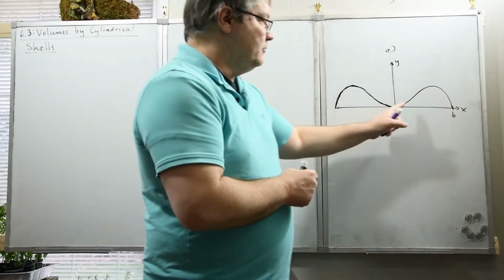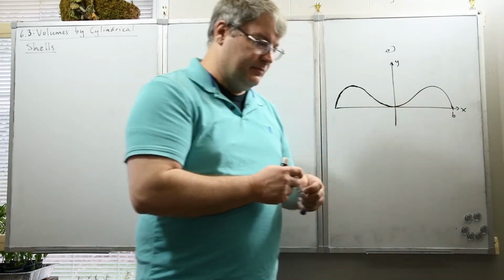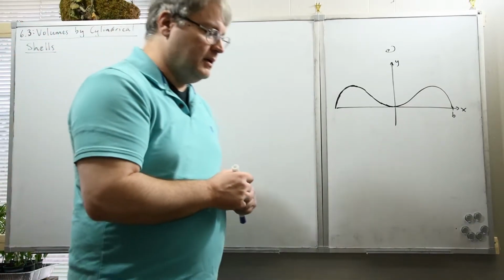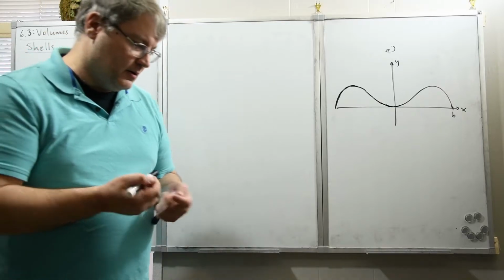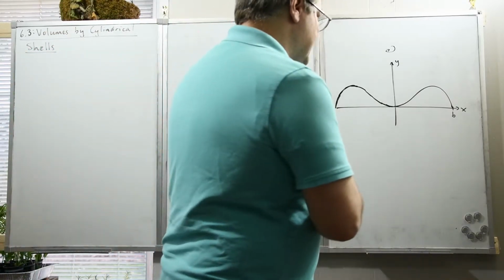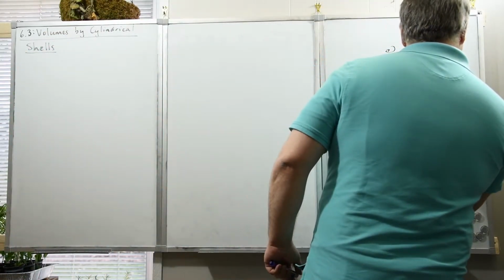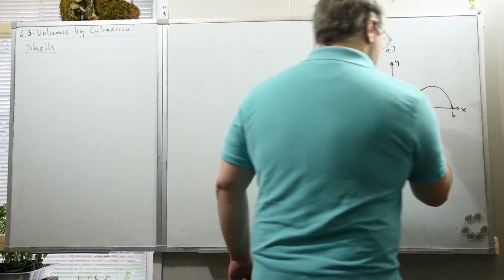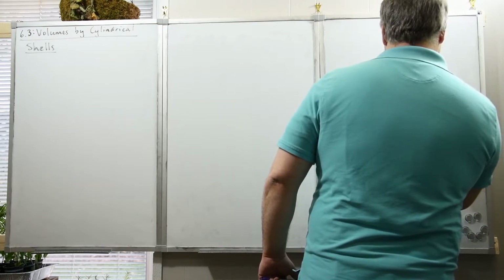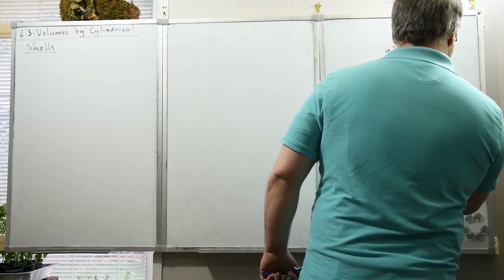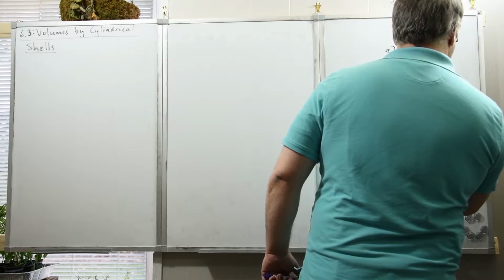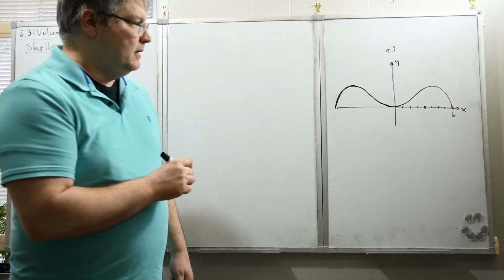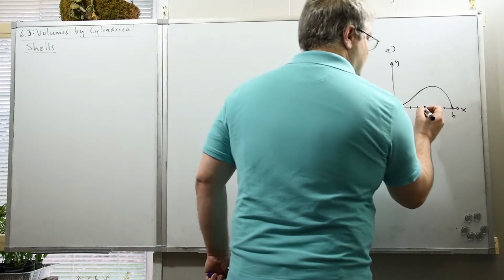So if this original region, let's say, goes from x equals 0 to x equals b, or in general from x equals a to x equals b, where a and b are non-negative, we can start thinking about partitioning our interval into subintervals of equal width. And we've seen this song and dance before on a number of occasions.